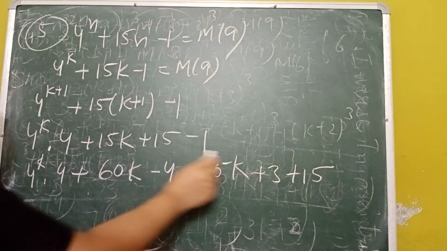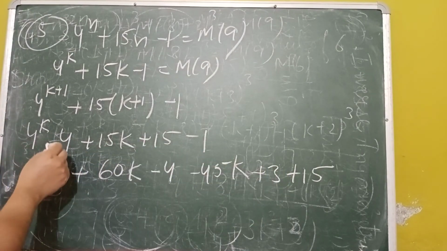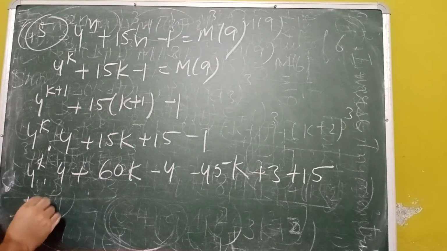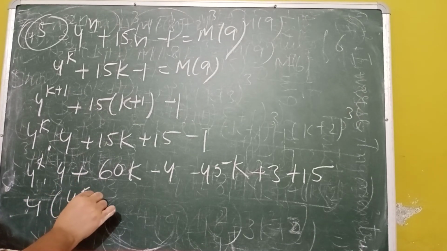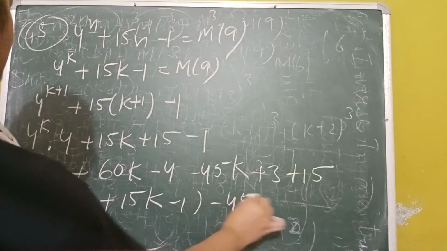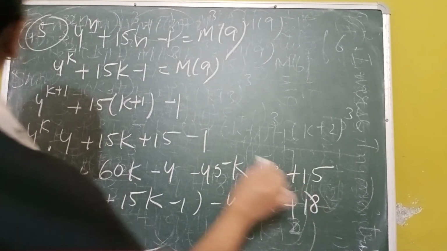So with doing this, I'll take 4 common from inside. It will be 4 power k plus 15k minus 1 minus 45k plus 18.